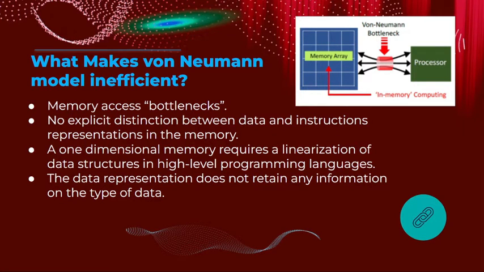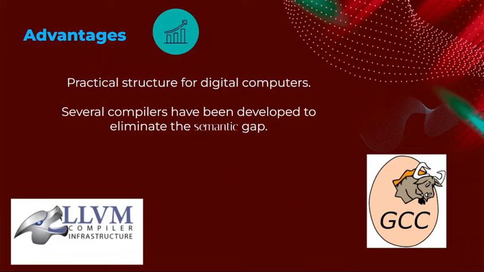Such distinction has to be, again, brought about by the program logic. So this is what is called the semantic gap. Not being able to represent dimensional or high-level structures or different types of data at the memory level.